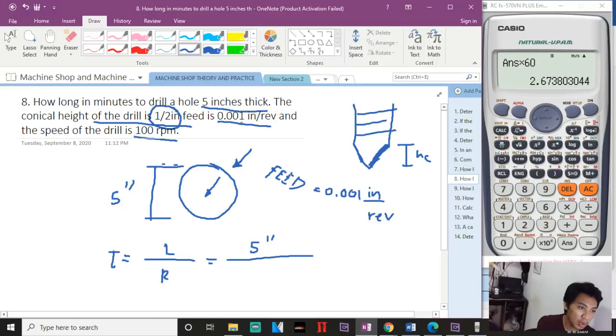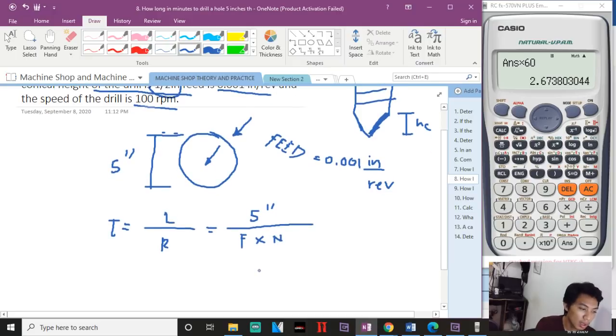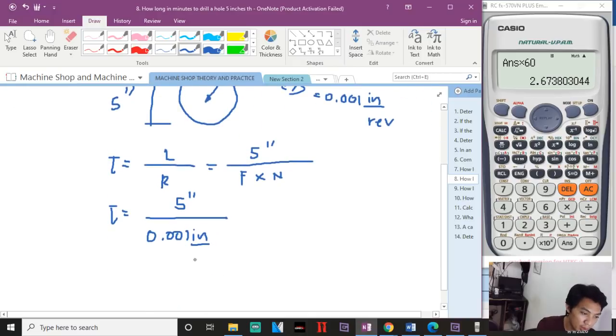Nothing was given here. You only have the feed rate. So the rate of the cut is the feed times N. So time will be equal to 5 inch over the feed. What is the feed? 0.001 inch per revolution, multiplied by 100 revolutions per minute.